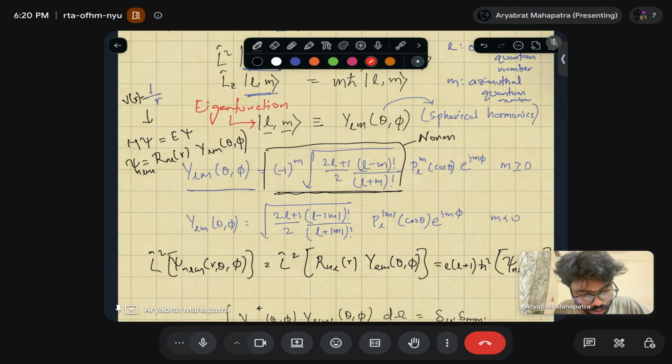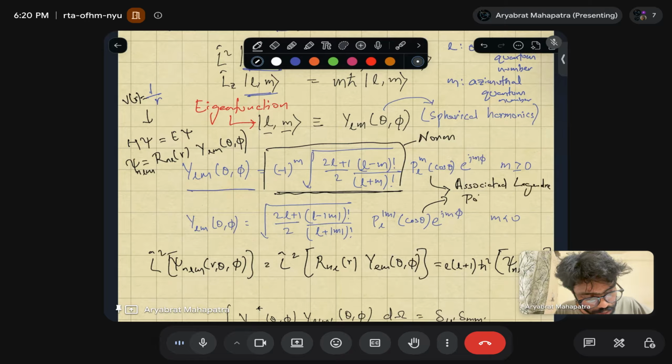This Plm(cos theta), which is given right here, is known as the associated Legendre polynomial. These are special polynomials.